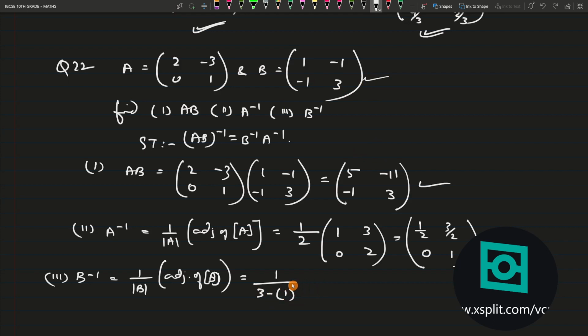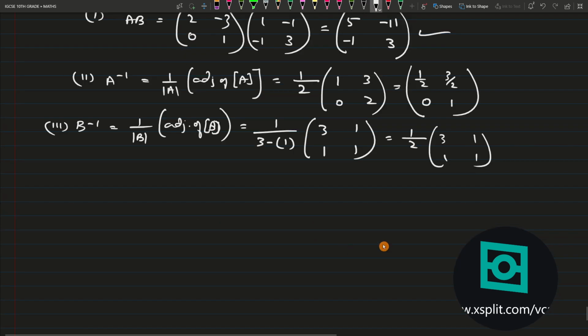So this is your determinant of B times adjoint of B. So for adjoint of B, I will swap these two positions, and here I'll make the sign opposite. So 1, 1. So this works out to 1 upon 3 minus 1 is 2 times 3, 1, 1, 1, which is same as 3 by 2, 1 by 2, 1 by 2, 1 by 2. Okay. So this is your B inverse.